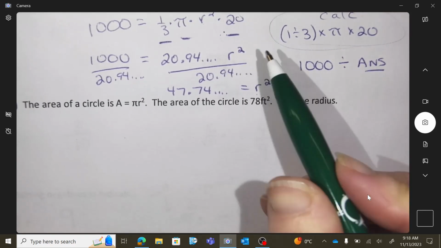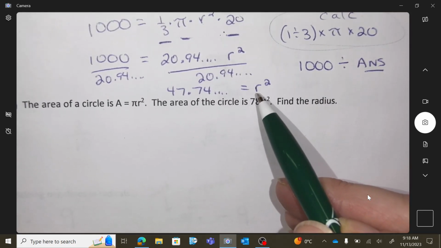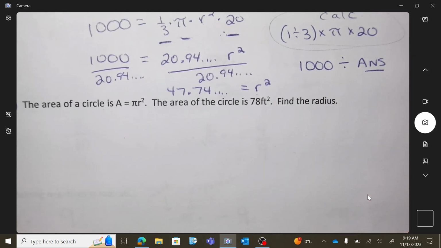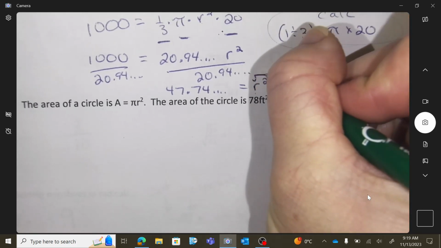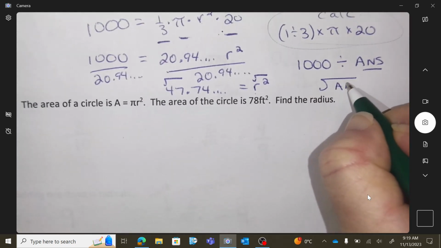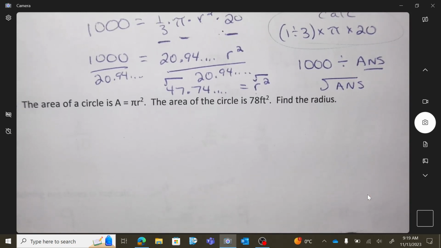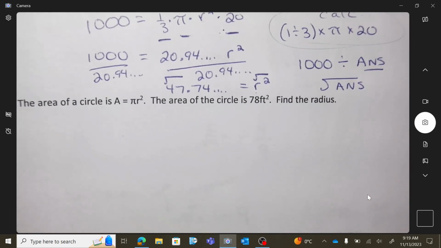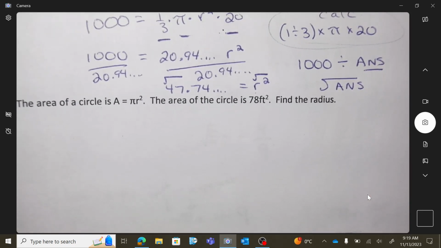Okay, last algebra step. How do I get r alone? If there's an r that is squared, how do I get rid of that? How do you undo a square? What's the opposite process? Square root. So what am I going to do? I'm going to square root, and then I'm going to push the square root of that answer.